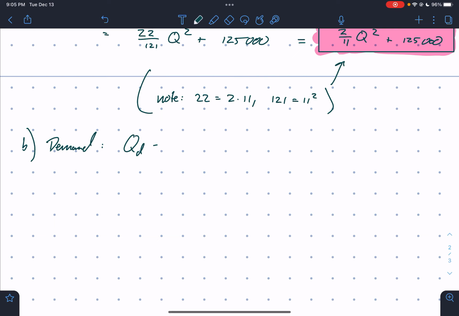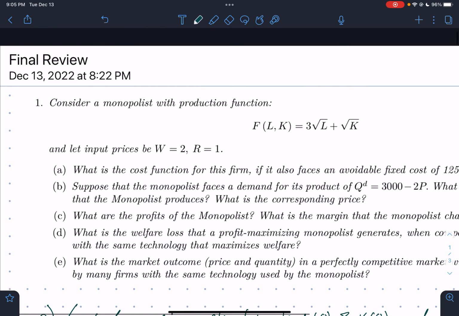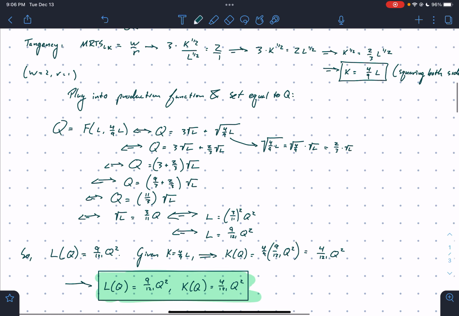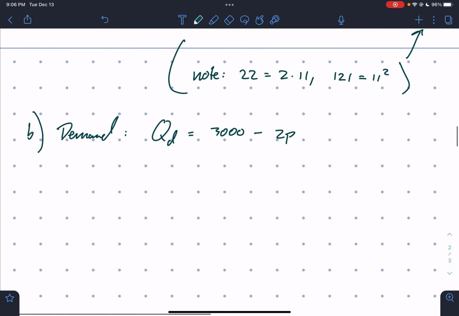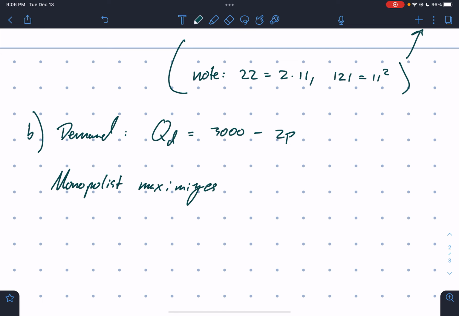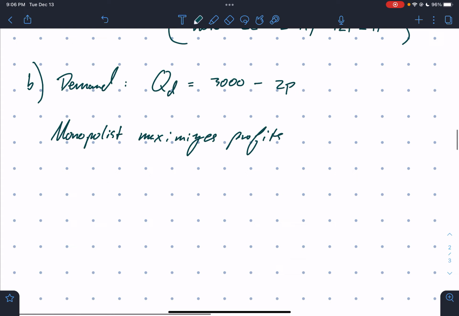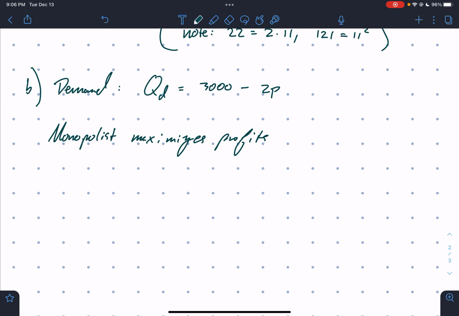So the demand is 3,000 minus 2p. I'm just going to check that. Yeah, okay. So the monopolist maximizes profits.